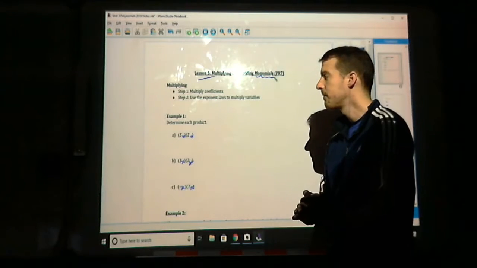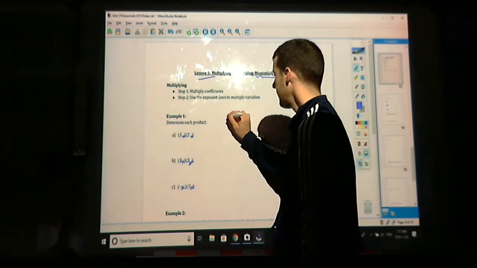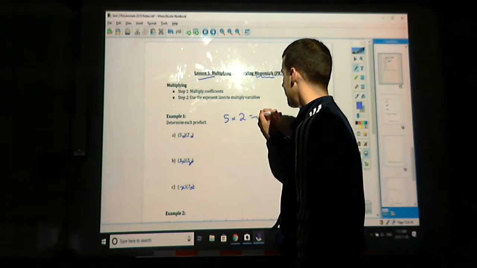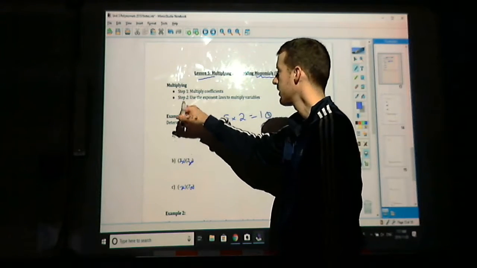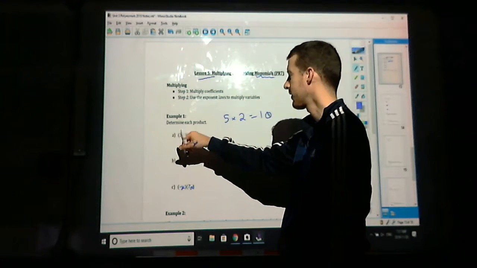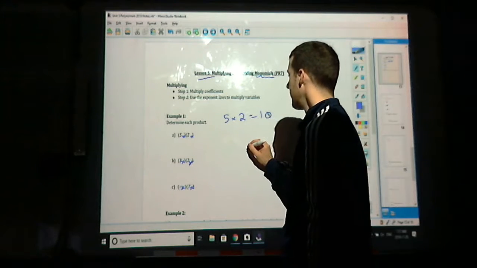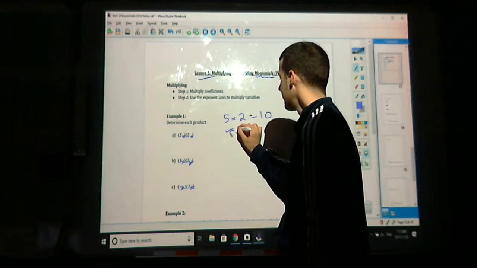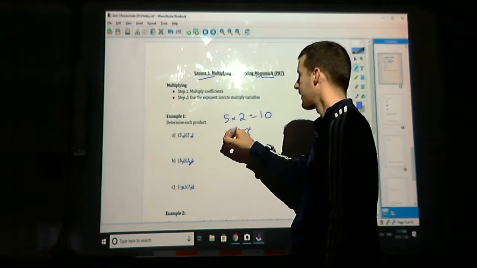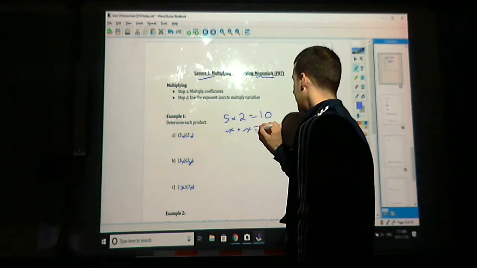Okay. So first thing we're going to do is multiply the coefficients. So here we have 5 times 2, which is equal to 10. And then we're going to multiply our exponent law. So here we have x times x. This is why I said sometimes we do the dot, because we don't want x's everywhere.